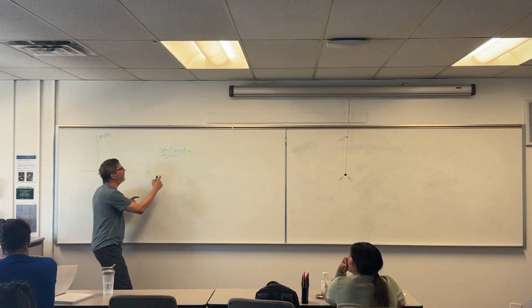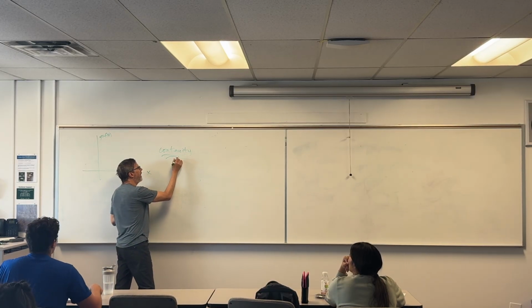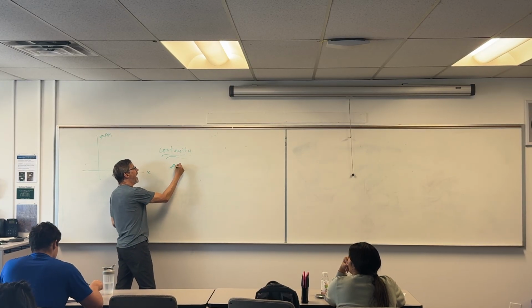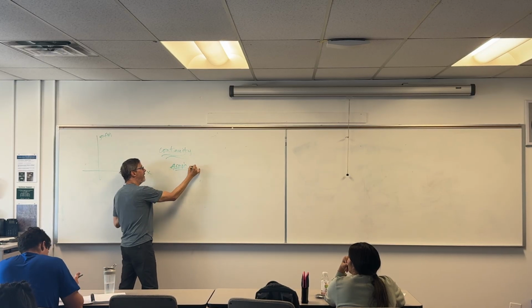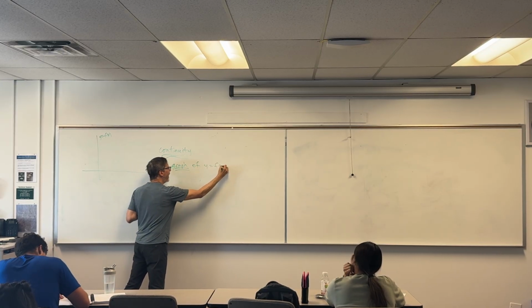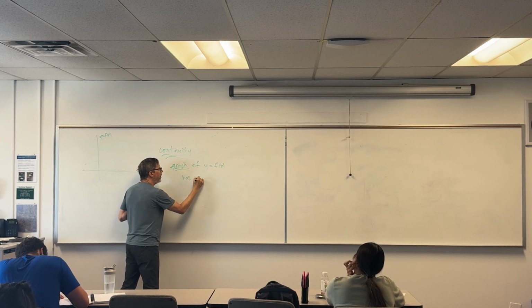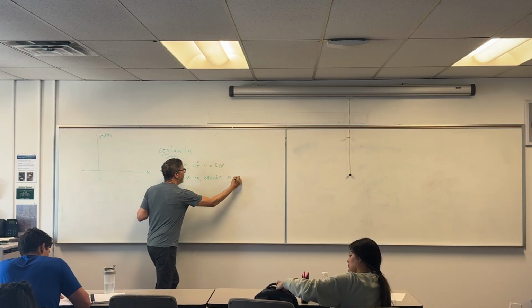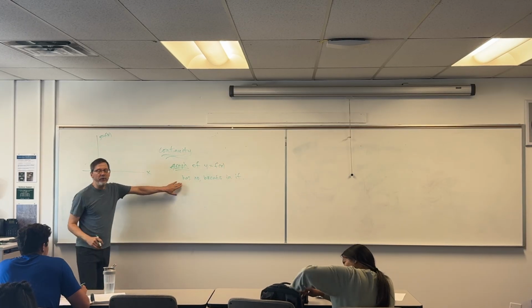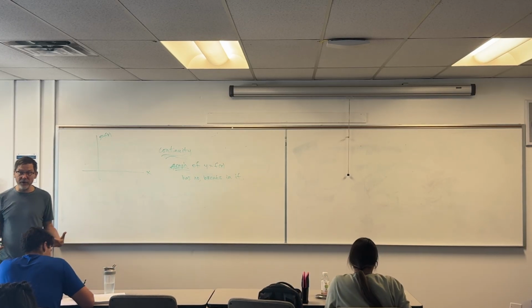So continuous means no break. We think about this in terms of the graph of a function. It's easiest to think about it this way: the graph of y equals f of x has no breaks in it. That's the intuitive understanding of continuity.